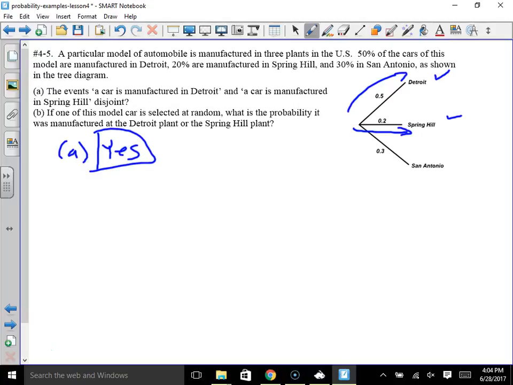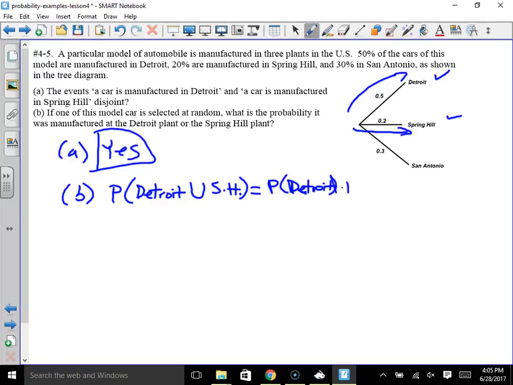Okay, part B says, if one of this model car is selected at random, what's the probability that it was manufactured at the Detroit plant or the Spring Hill plant? So we're finding the probability of Detroit, or, I'll use the or symbol, Spring Hill. Okay, so that's going to be the probability of Detroit plus the probability of Spring Hill, and then I'm not even going to bother to write the overlap.